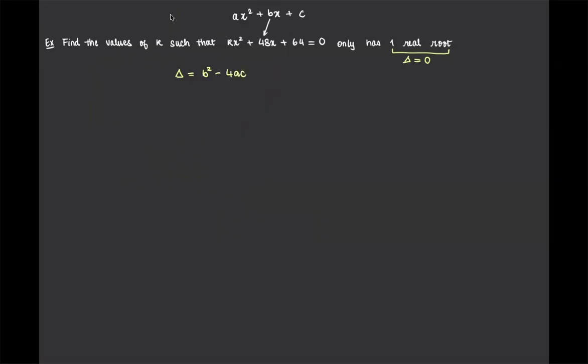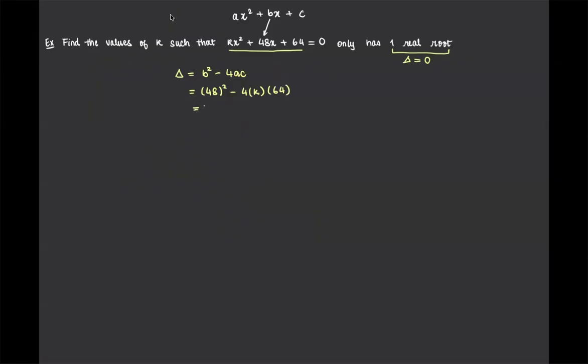And by comparing this quadratic with the general form, ax squared plus bx plus c, I know my b is the coefficient of x, which is 48 squared minus 4 times a, the coefficient of x squared, which is k, times the constant c, which in this case is 64.